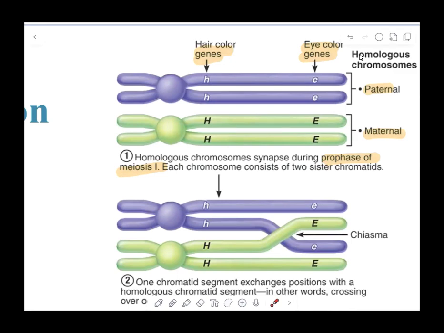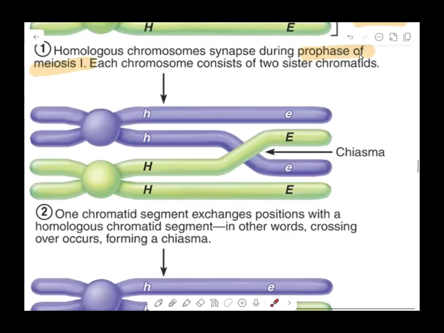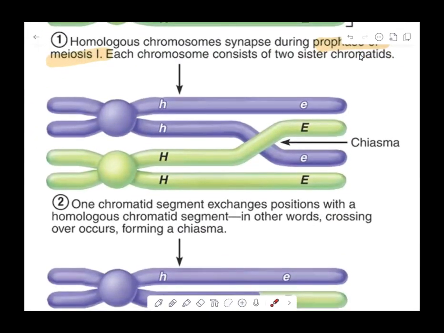Non-sister chromatids could essentially trade segments of DNA, and that is a source that increases genetic variability. On the second step here, we see that one chromatid segment exchanges positions with a homologous chromatid segment, and so crossing over does occur to form this chiasma.